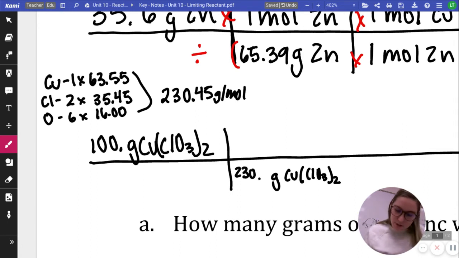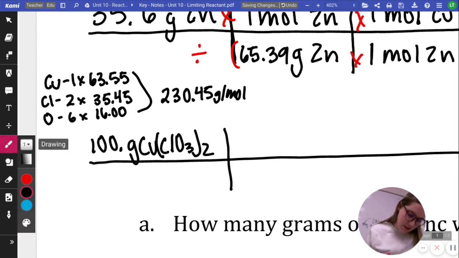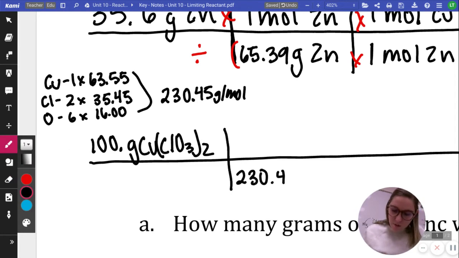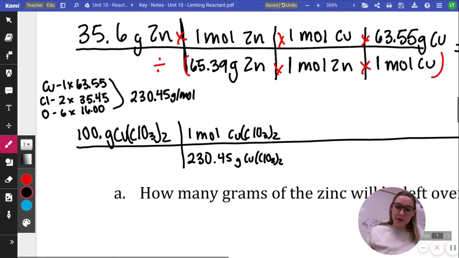All right, so I'm going to go ahead and plug that in over here. Ooh, I didn't quite leave myself enough room. I'll fix it. 230.45 grams of copper chlorate is equal to 1 mole, because our molar mass is always equal to 1 mole. All right, our next step is our mole-to-mole ratio.